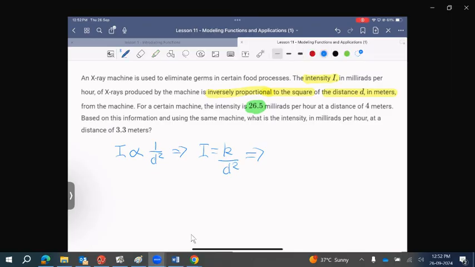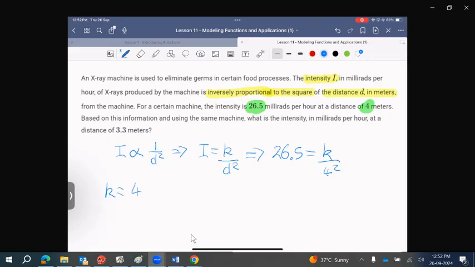That's an I, isn't it? 26.5 equals k over, and then we've got another piece from the distance there. That's a D, isn't it? So 4 squared. Solving that, we get k is equal to 26.5 times 16.